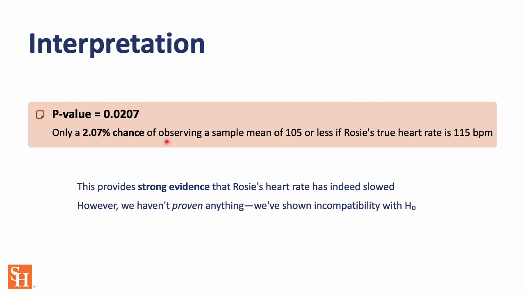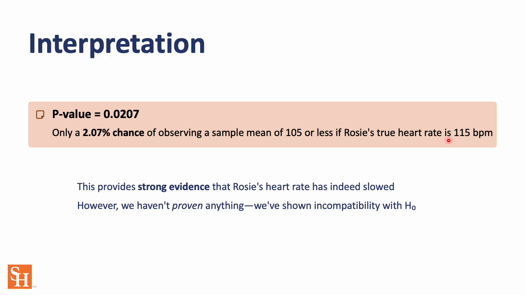So there is a very small chance of observing a sample mean of 105 if the true heart rate was 115. And that means we have strong evidence that the heart rate of this breed of dog is in fact not 115, right? So we are rejecting the null hypothesis. We have enough evidence to reject the null hypothesis, right?